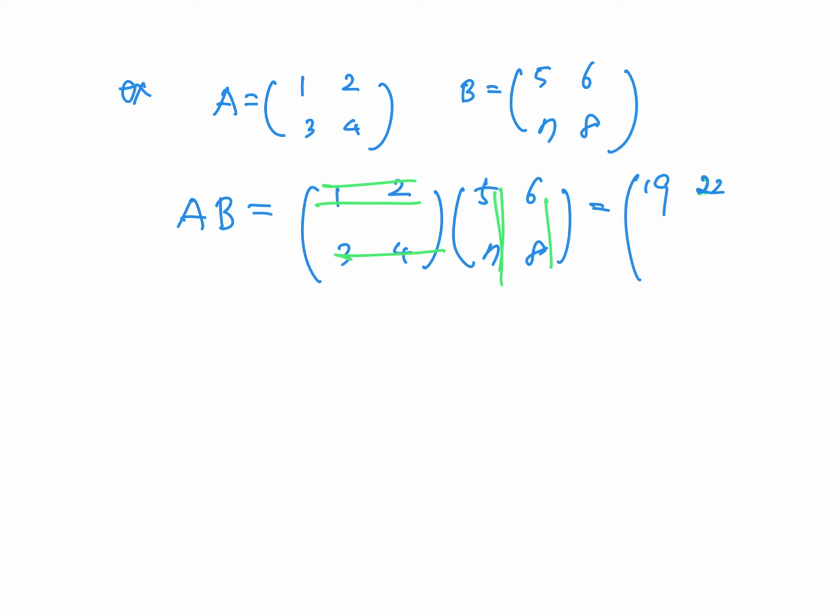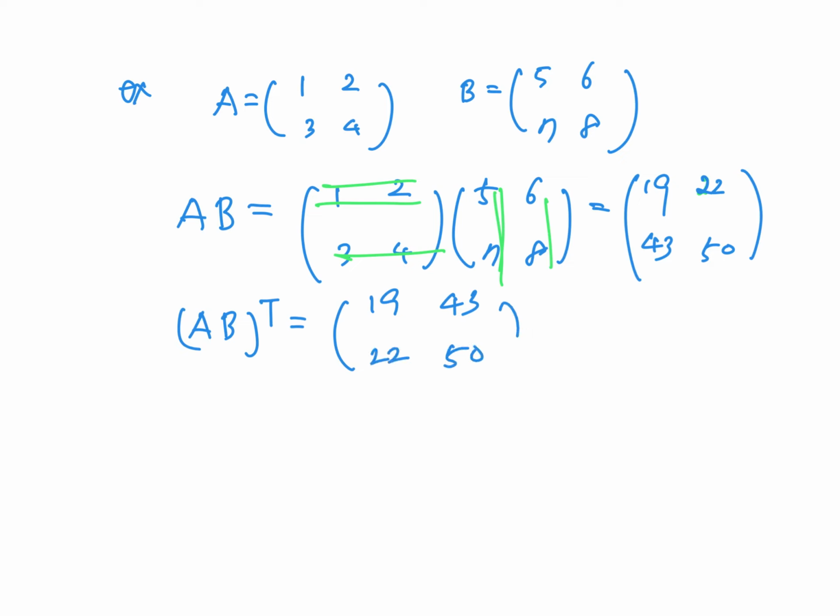Then 15 plus 28 is 43. Finally, 18 plus 32 is 50. So AB transpose is very simple: 19, 43, 22, 50.